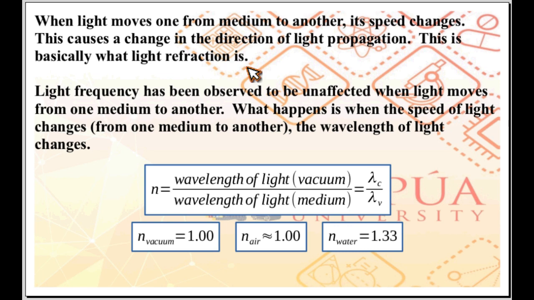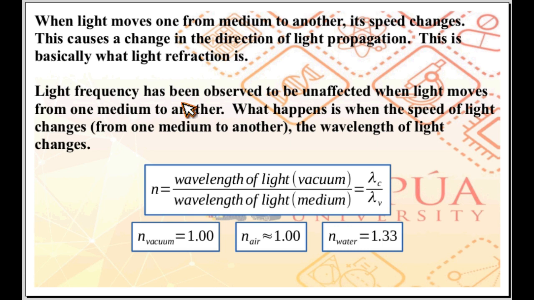It has been observed that the frequency of light is unaffected when light moves from one medium to another. So the speed changes, but the frequency of light remains constant.